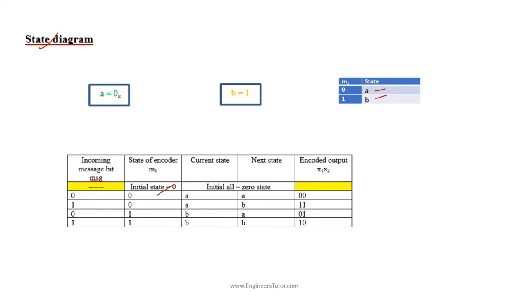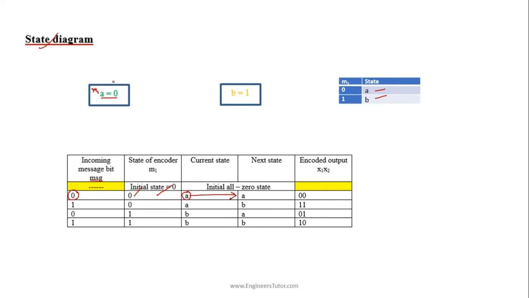Let us assume we start with the all-0 state, where M1 is at 0 state, state A. If the incoming bit is 0, the state changes from A to A.